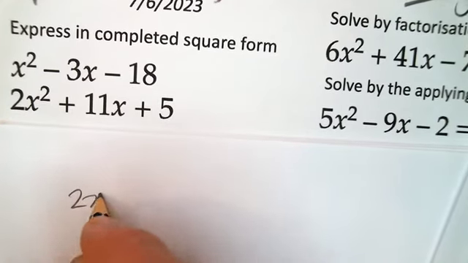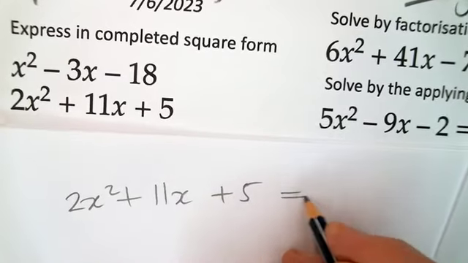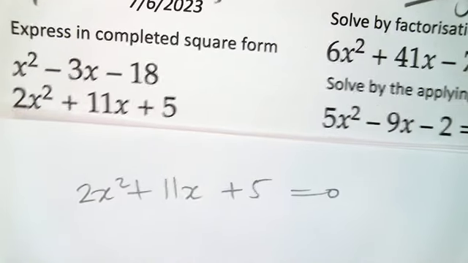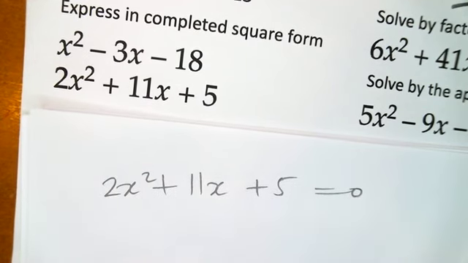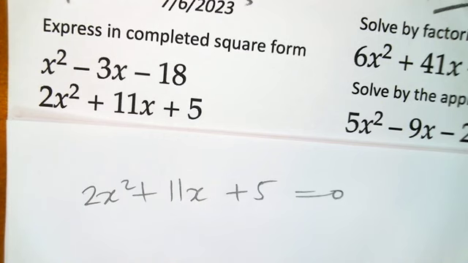So we've got 2x squared plus 11x plus 5 is equal to 0. The first thing I'm going to do is divide everything by 2. This is the major departure from just going ahead and completing the square.